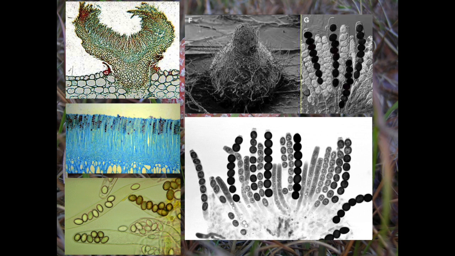In that picture on the left in the center, you can see just rows and rows of ascospores being produced within asci. Zoom out a little bit and you get an image similar to that one in the upper left. And then that structure in the center at the top there is another type of ascocarp that is microscopic, that's shaped more like a flask than a cup.